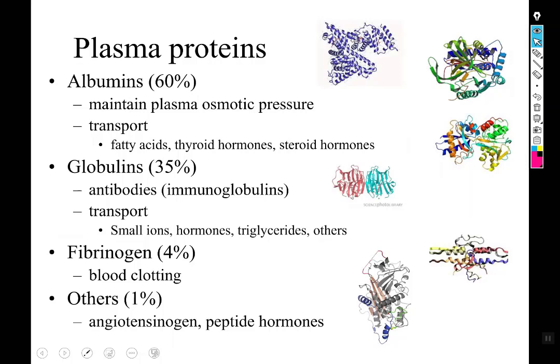There are other globulins that exist, but we're not really going to discuss them. So think of them as being immunoglobulins or antibodies. The ones that are not immunoglobulins tend to have transport roles, but we're not really going to discuss the specifics of these.